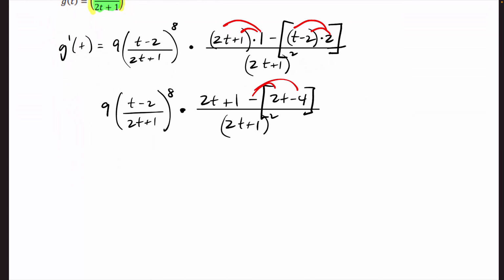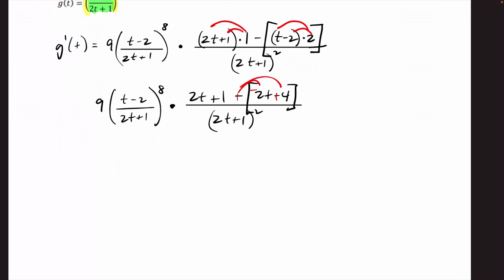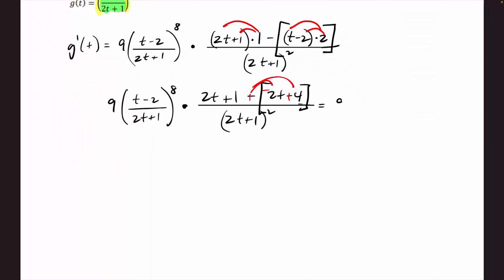So when I distribute the negative, it's going to become negative 2t and positive 4. Okay. Simplify a little more. So we're going to get 2t minus 2t is 0. 1 plus 4 is 5, over 2t plus 1 squared.